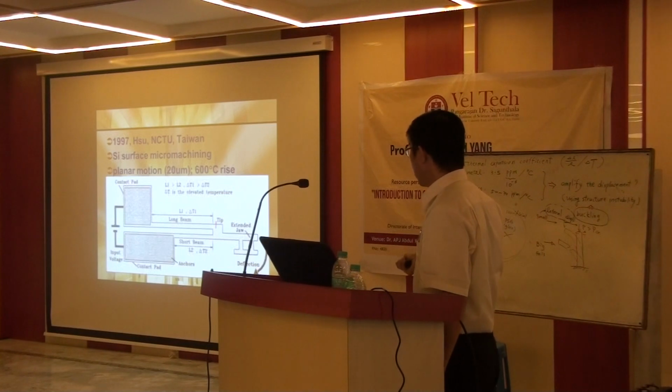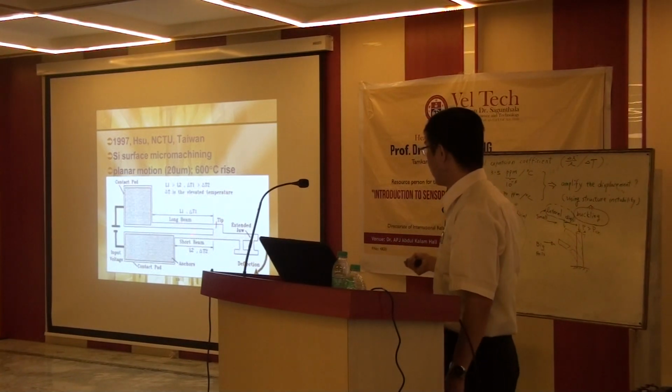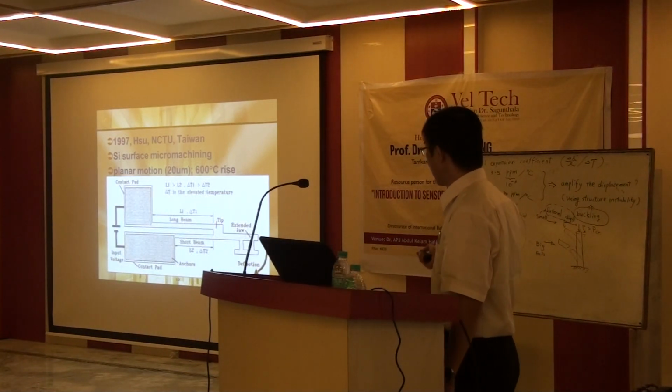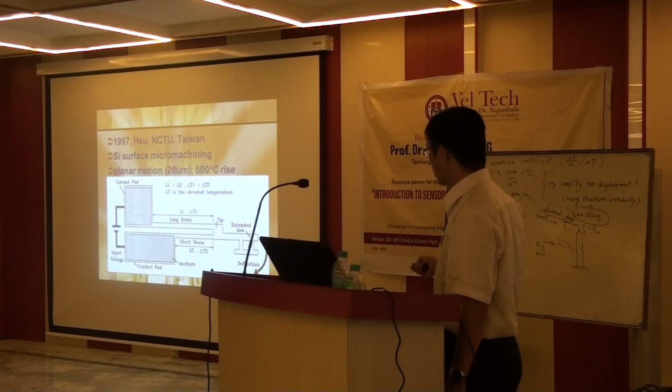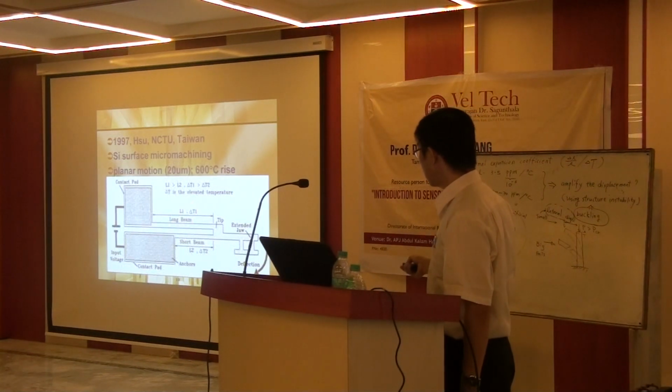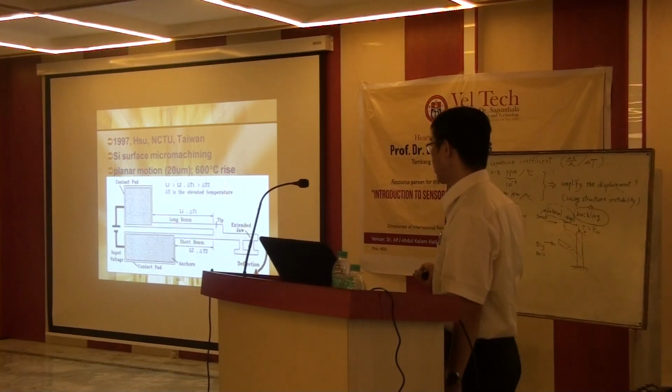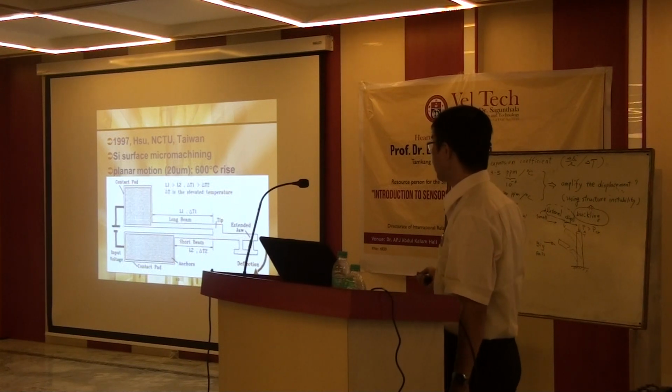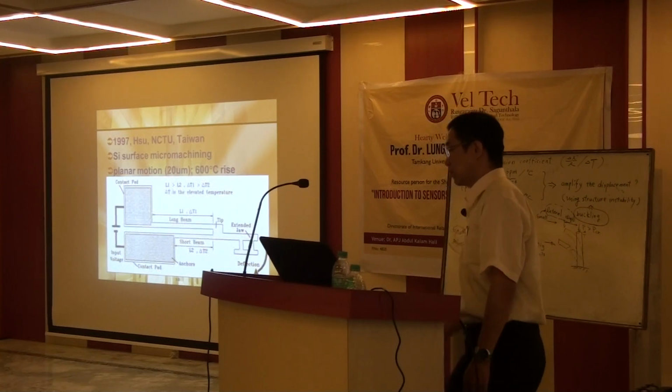Whatever way you make your resistance different, when you heat it, the resistance here is larger. So it gives a large delta T. Power is larger, so the increased temperature delta T is also larger. Thermal expansion and displacement are also large. For the short beam, delta T is less, so smaller displacement.